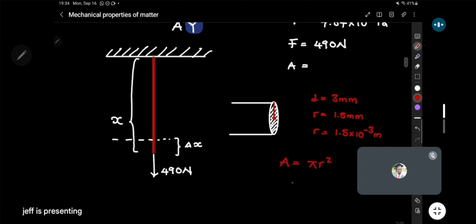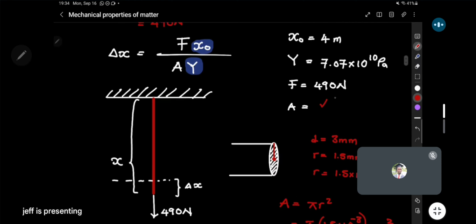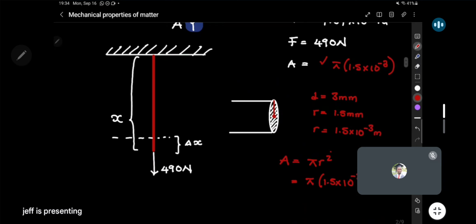So we have pi multiplying the radius, which is 1.5 by 10 to the power minus 3, in meters, so I don't have to worry about it. I know this is going to come out in meters squared. Of course, don't forget the radius is squared. So be very careful here not to forget that square.